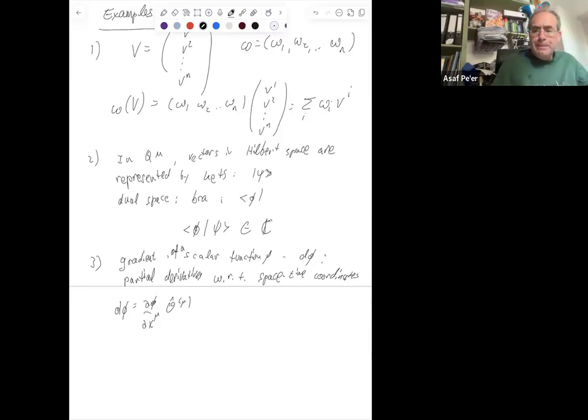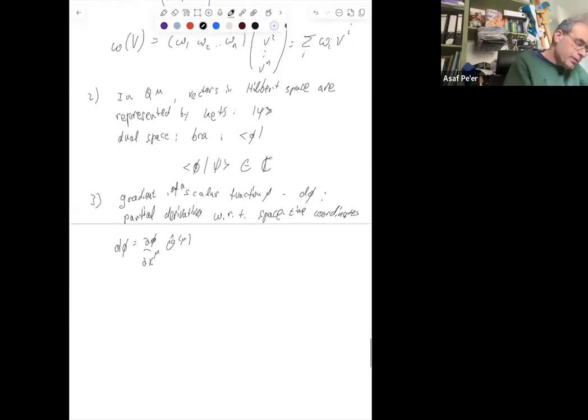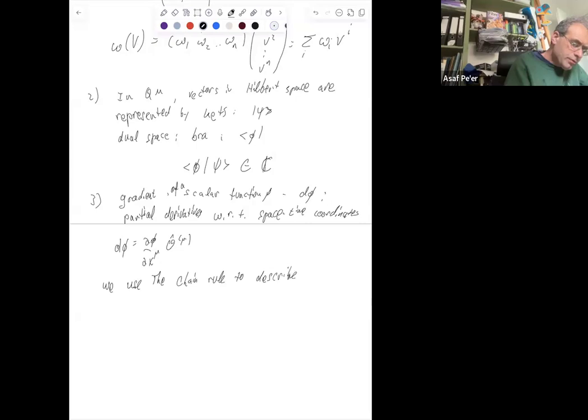Now, if you're making a transformation, we simply use the chain rule to describe the transformation. So ∂φ/∂x^μ' is ∂x^μ/∂x^μ' times ∂φ/∂x^μ.